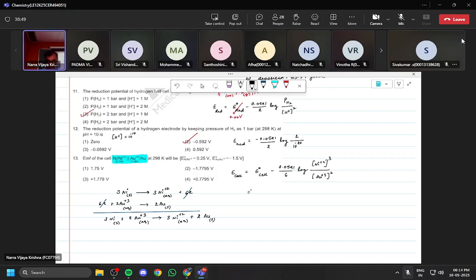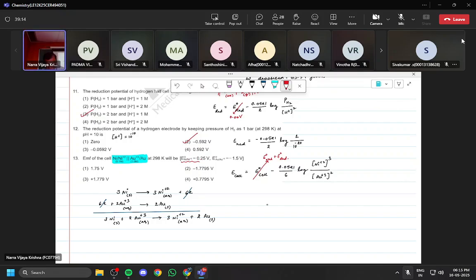Now, what is E naught of cell? Can I write E naught of cell as E naught oxidation part plus E naught reduction part, right? Which is undergoing oxidation? Nickel. Nickel is undergoing oxidation means is it oxidation part or reduction part value? Observe this equation. Oxidation. Oxidation value is 0.25.